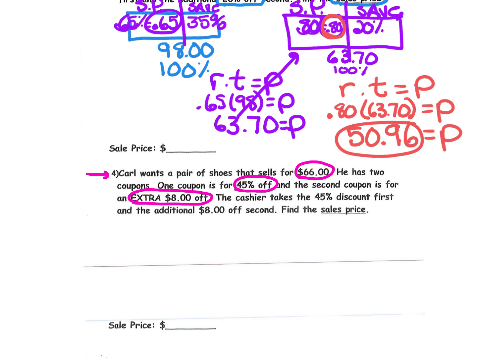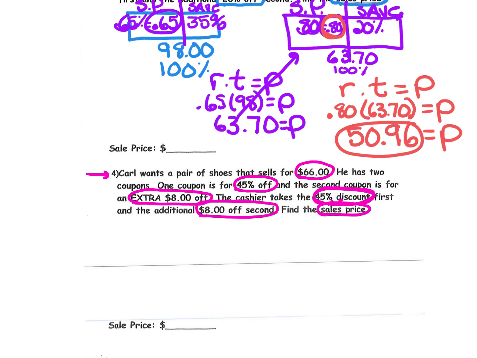In that case, for that second coupon, we're just going to subtract $8 from the sale price. The cashier takes the first 45% discount and then subtracts the $8 off.